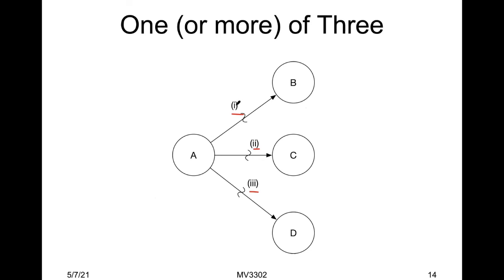So let's say if I is true and II is false, but III is true, then events B and D will be scheduled. On the other hand, if none of them are true, then nothing gets scheduled. Or if only I is true and II and III are false, then only B gets scheduled. So by combining all of these, you have a very rich set of capabilities for logic that we can do.